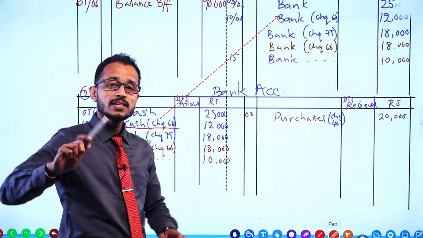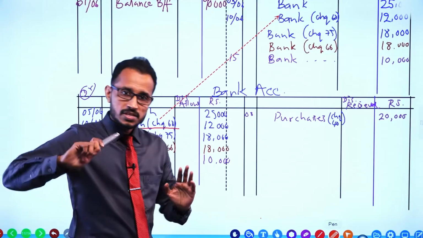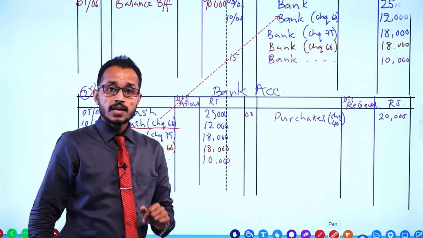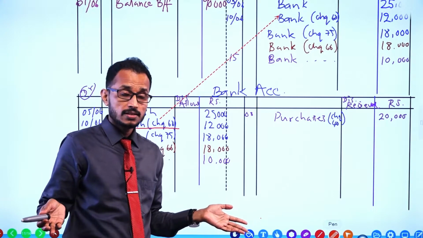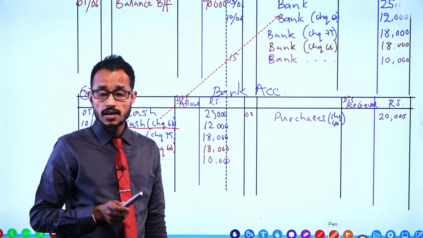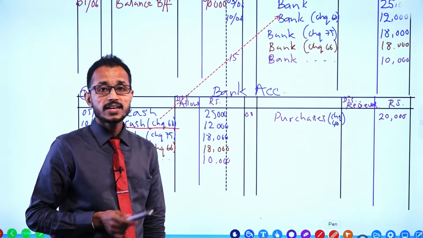This check has been returned. That means the debtor, it's as good as the debtor has not paid us. It's as good as the debtor hasn't paid.